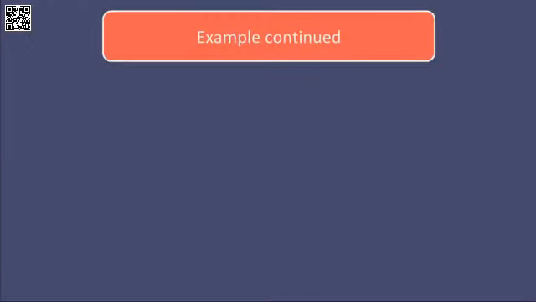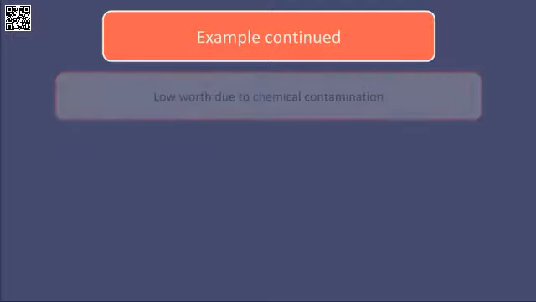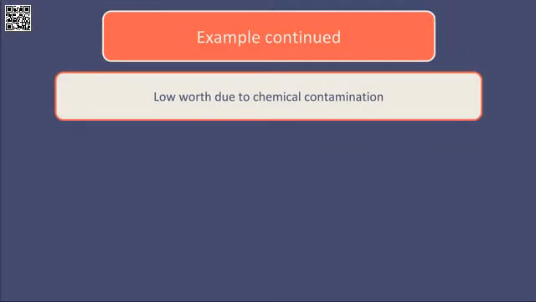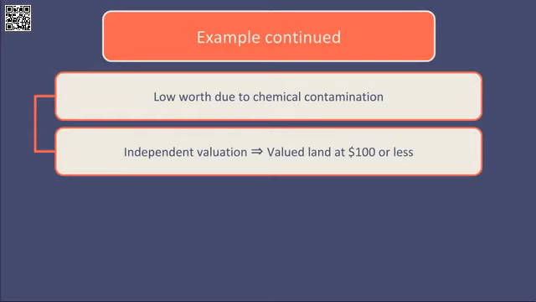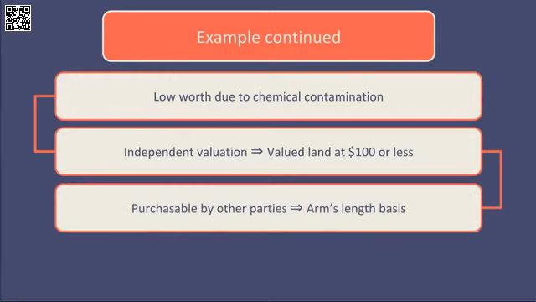So, back to the example with the CEO's daughter buying the company's land for $100. The land sold may not be worth much on the open market, for example, due to a massive chemical contamination. If this is the case and an independent valuation has valued the land at $100 or less, and the other parties could have purchased the land, then the transaction was at arm's length.